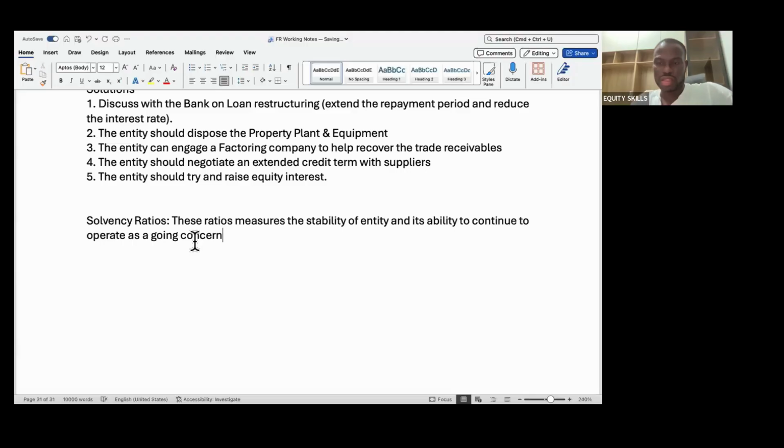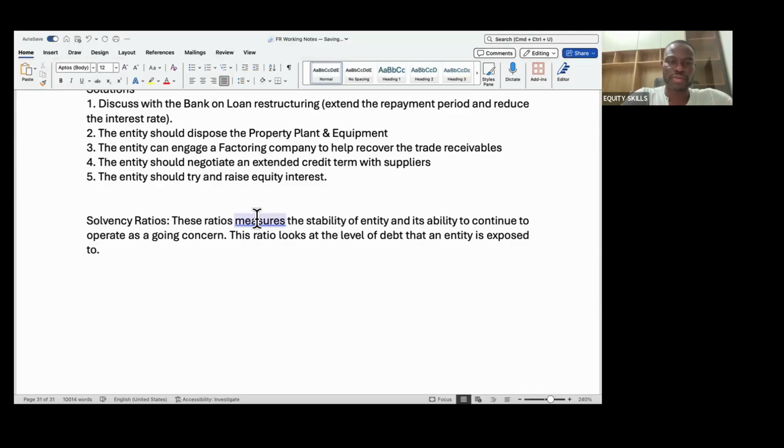Majorly, these ratios look at the level of debt, and it's long-term debt majorly, that an entity is exposed to.